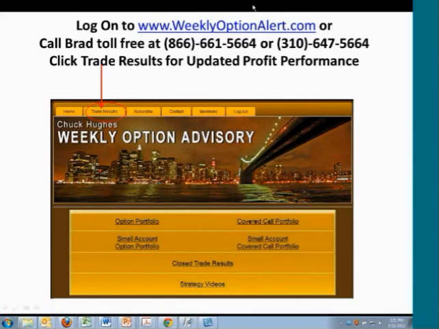So each week, right now there's 8 spreads, so each week there'll be 8 rollovers and 8 trades for the super portfolio, and we'll be rolling out each week. Now the number of spreads in the super portfolio can vary, depending on market conditions, but right now we have 8 stocks in the super portfolio.